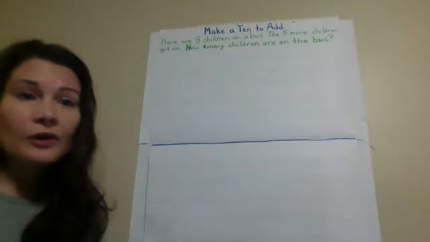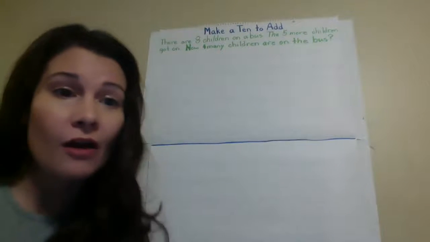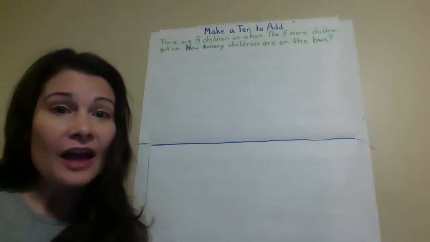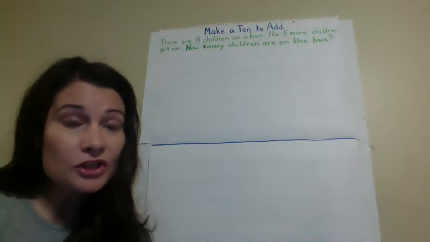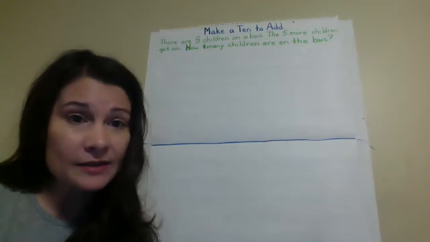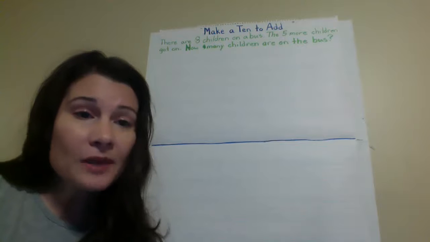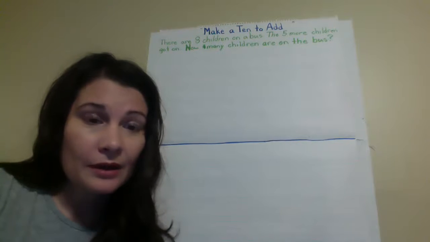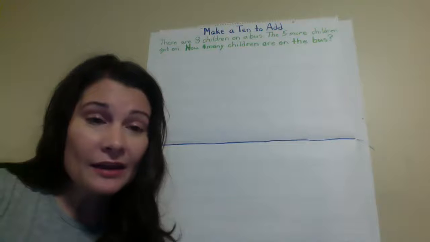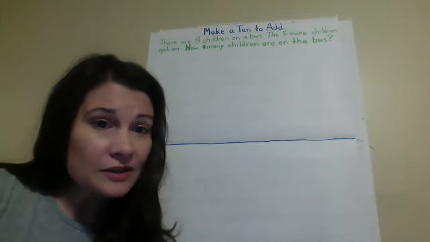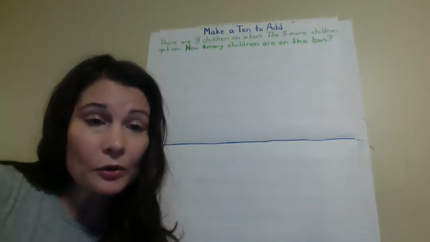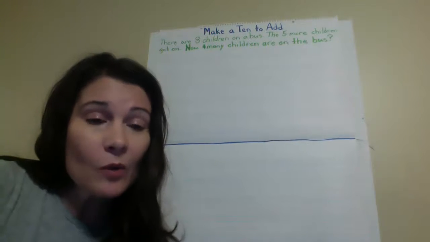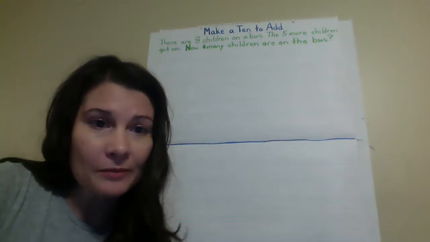If there were 8 children on the bus and 5 more children got on the bus, then how many children are on the bus now? I want you to go ahead, gather your materials such as paper and pencil or your whiteboard and marker, and solve that problem.